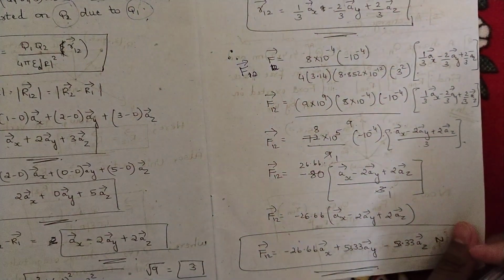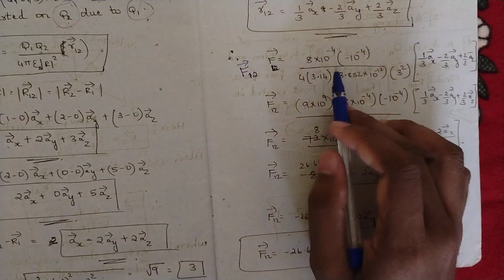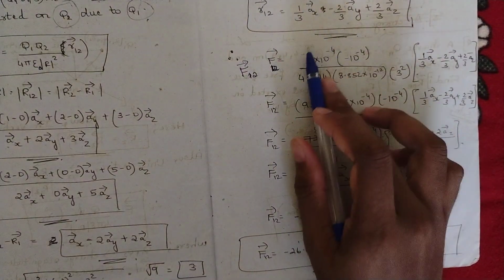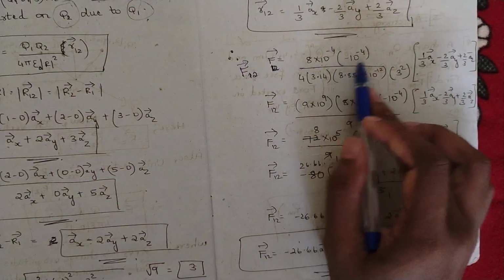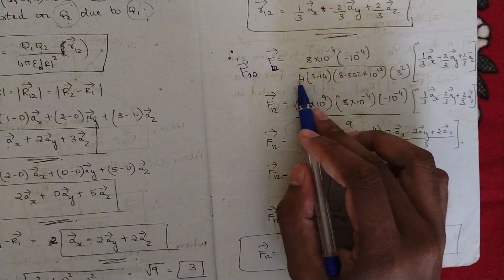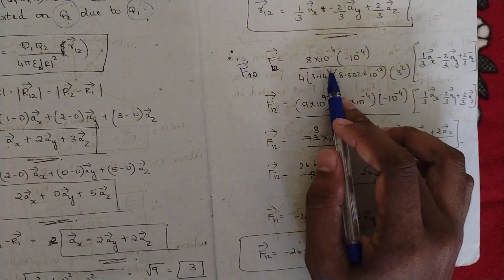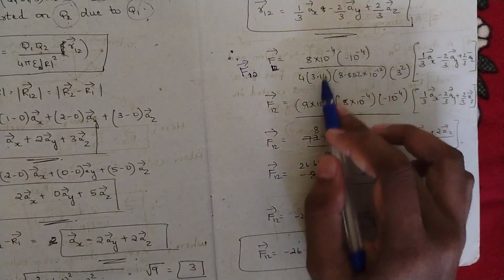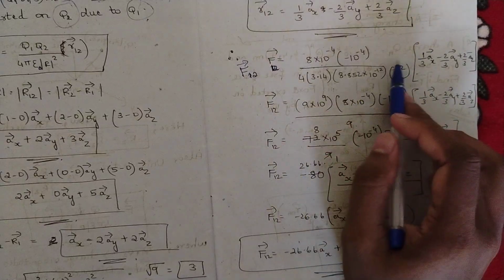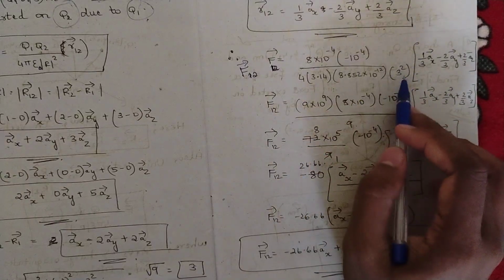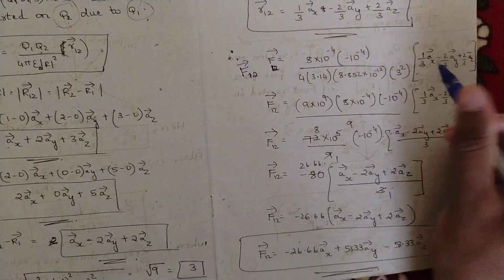Now substitute all the values. First the Q1 charge, that is 8 into 10 power minus 4, into minus 10 power minus 4, divided by 4 pi, where the value of pi is 3.14, epsilon naught, into magnitude of R square, that is 3 square, into the unit vector whatever we have solved.